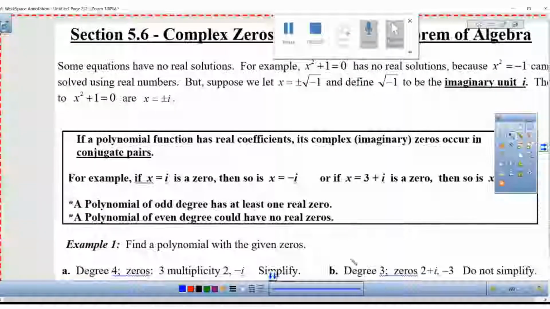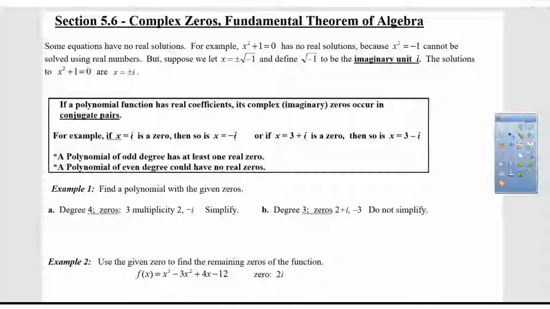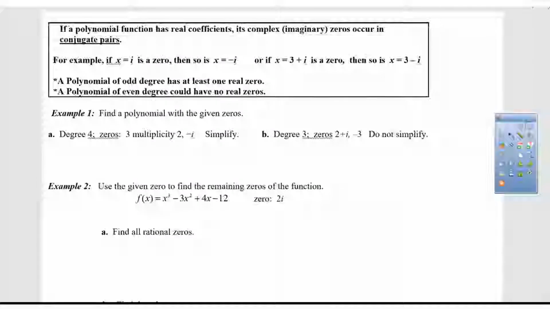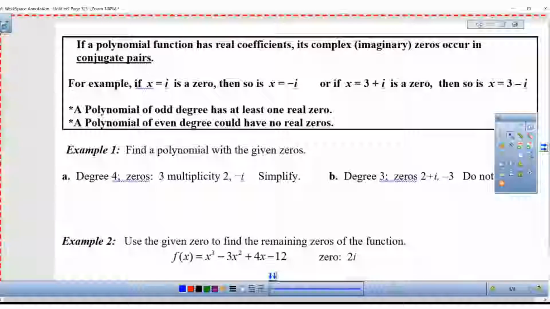I'm just going to go down here. Okay, so in that box right there, basically what that's saying, you guys, is if you have an imaginary solution, you're going to have the conjugate pair, the pair that goes with it. So for example, if you have x equals i as a solution, that's like x equals 0 plus i.